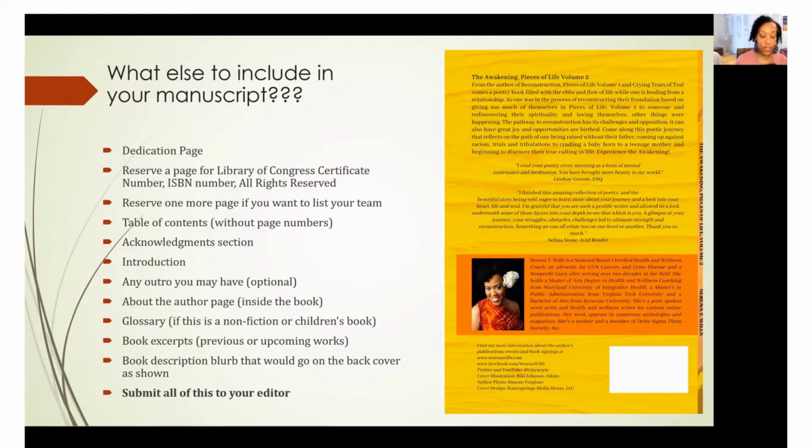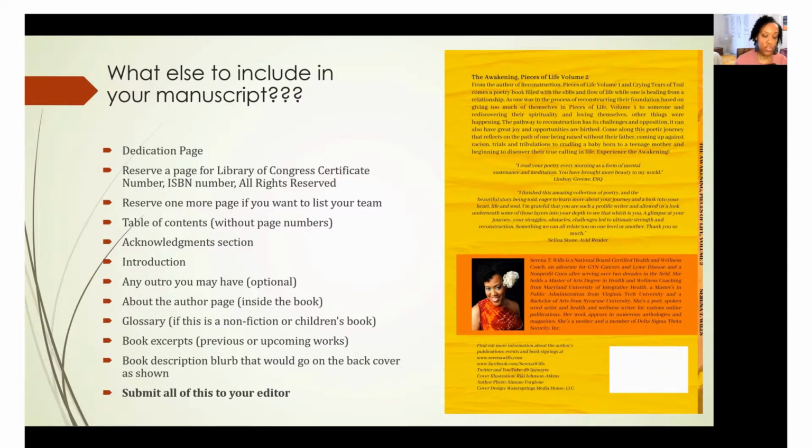Table of contents. Now, of course, if you have a book with chapters, you have to have a table of contents. If it's a children's book and it's just a few pages long, you don't need a table of contents per se.